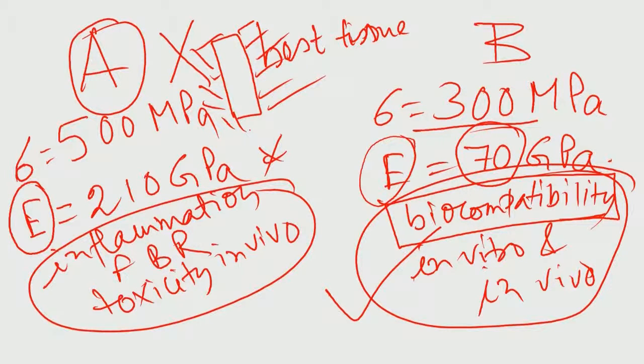If there is a large difference between the host tissue and your synthetic material, then what would happen? If the implant material has a large elastic modulus, then the implant will carry most of the load, whereas the host tissue will carry much less load under a given biomechanical stress situation. That is not desirable, because it will lead to implant loosening or aseptic loosening. So, there should not be a large difference between the host bone elastic modulus and the implant elastic modulus. That is very key.